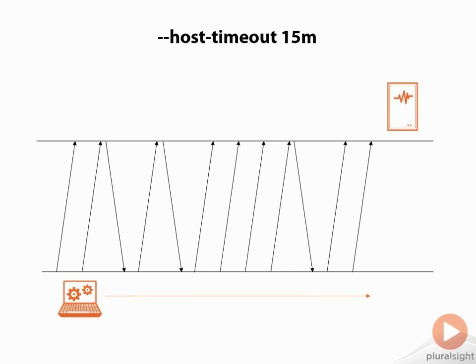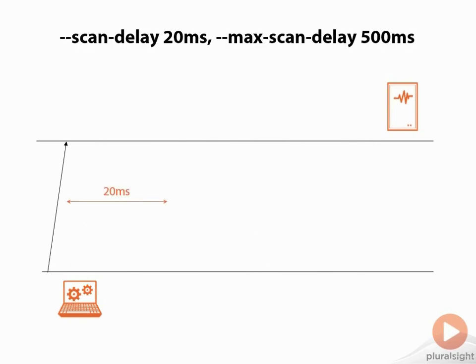A host that times out is completely skipped, and no report entry is generated for it. Nmap pauses briefly after sending a probe before sending the next one. It does this to prevent flooding the network and losing packets for which it will have to retransmit. How long Nmap pauses is controlled through these two options.